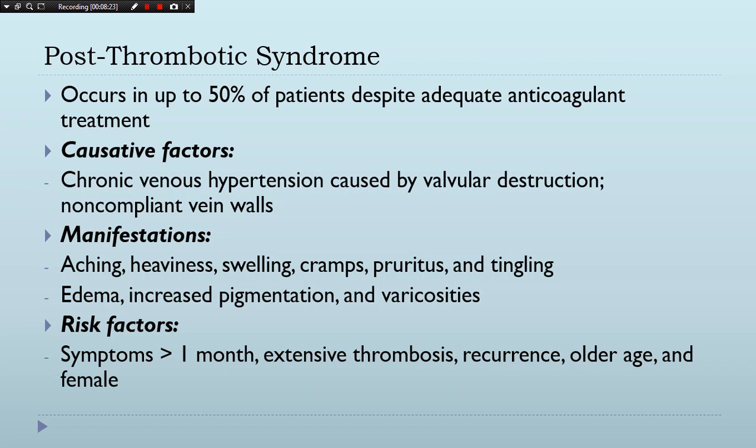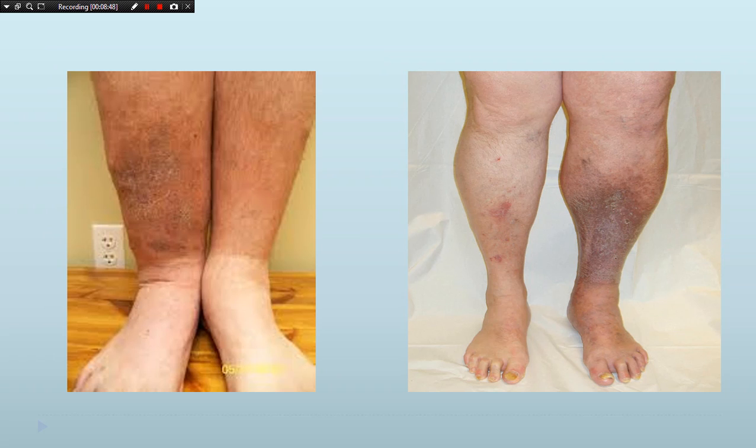Some risk factors are if a patient had blood clot symptoms for greater than 1 month, if the clot was large and extensive and the physicians had a long, hard time getting rid of it, if the clot was recurrent, if the patient continued to have more clots in the same area or location, advanced age, and female. These are just some pictures of the changes of somebody who has post-thrombotic syndrome.